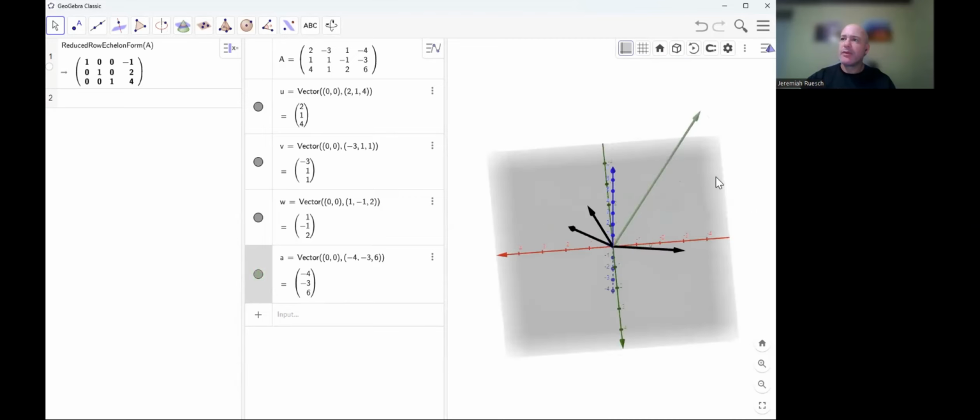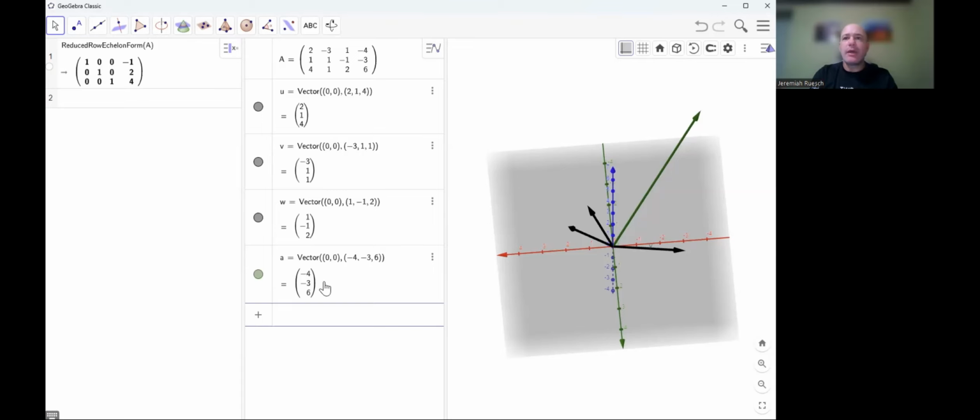Okay, so this green vector here is the A vector, which is the last column of our matrix A. So this should be telling you how much of each of the column vectors you need.